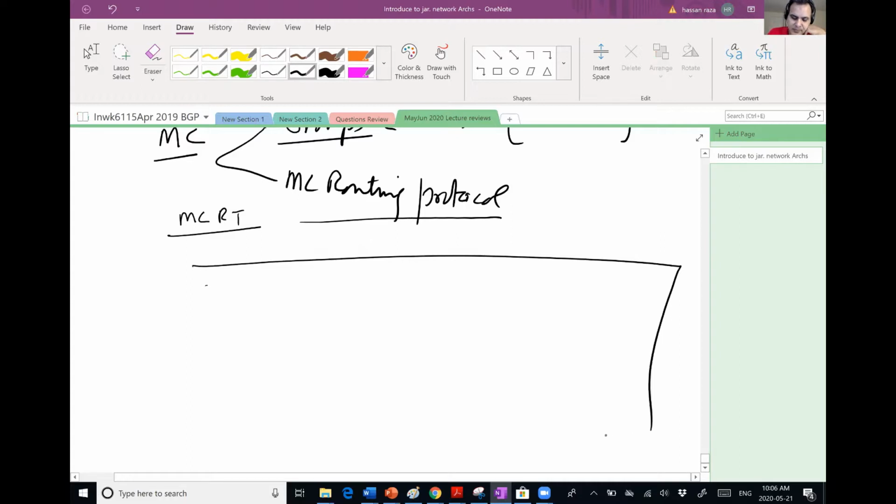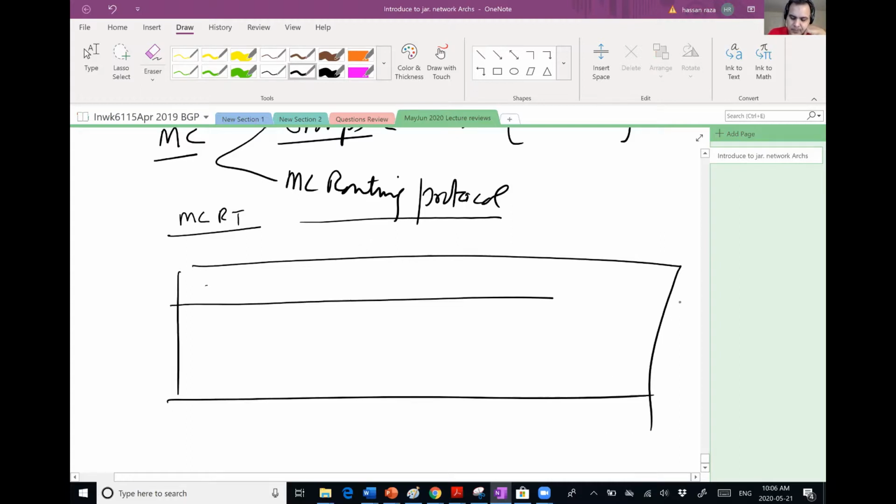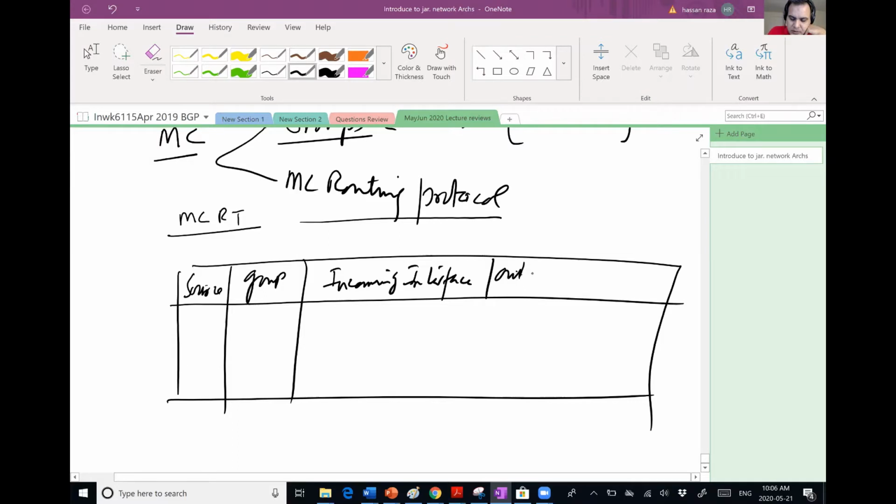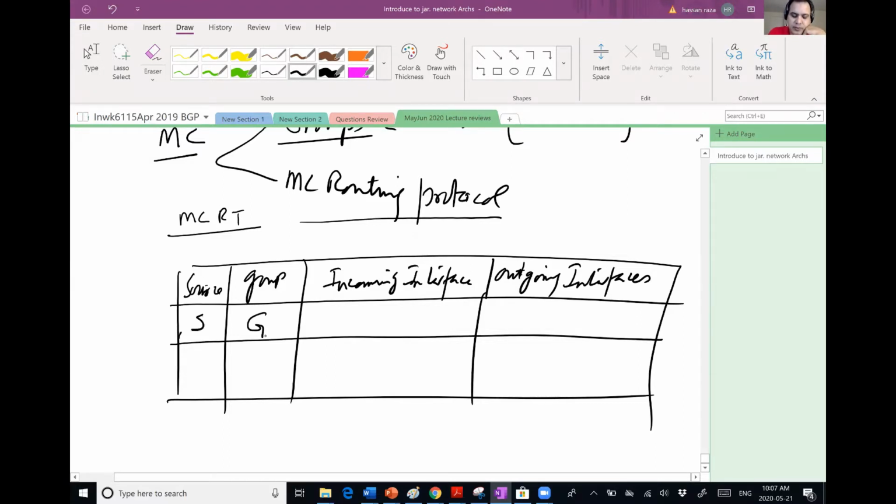So you have source, group, incoming interface, outgoing interfaces, and in a group, I may have a source, and there would be a group, and I may not be a source, but I will be a group.